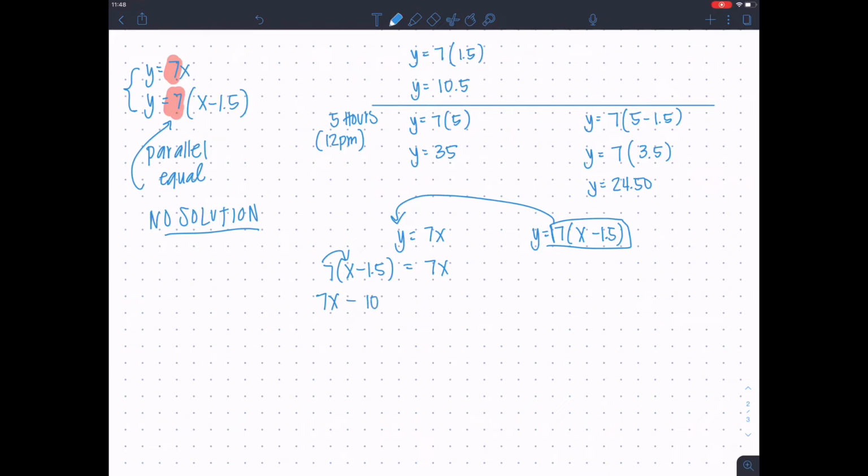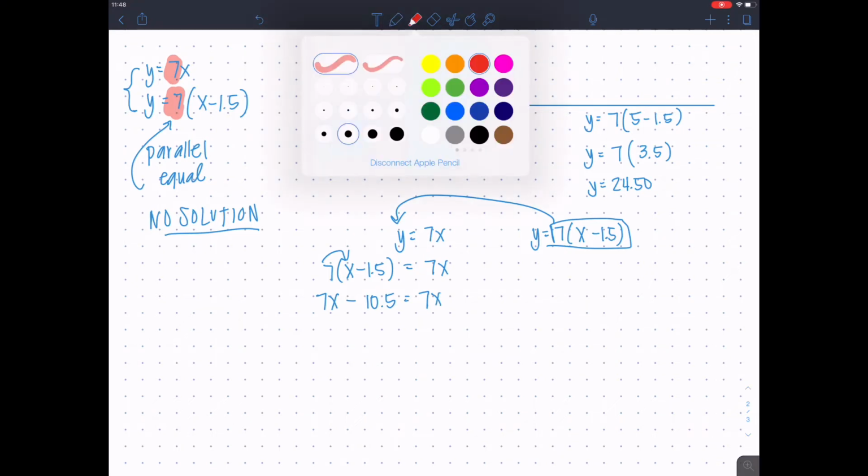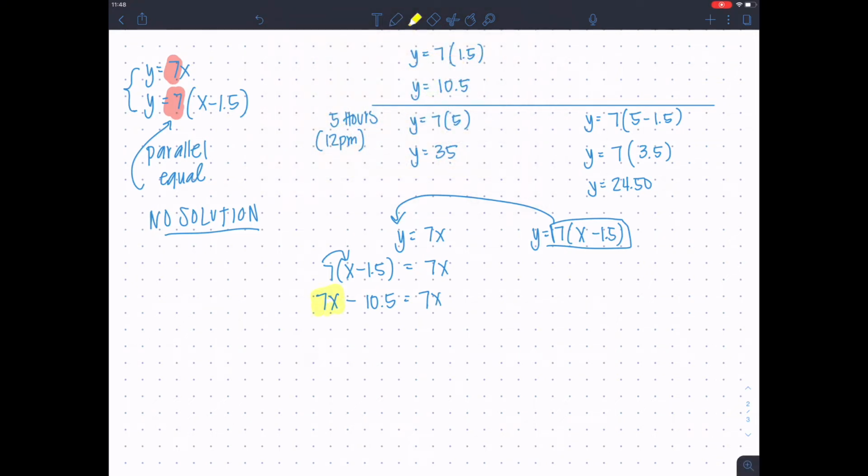7x minus 10.5 equals 7x, and I'm at this point here where I see that I have the same quantity of my variable on both sides, but my constant amounts, negative 10.5 on the left and I have 0 on the right, are not equal.